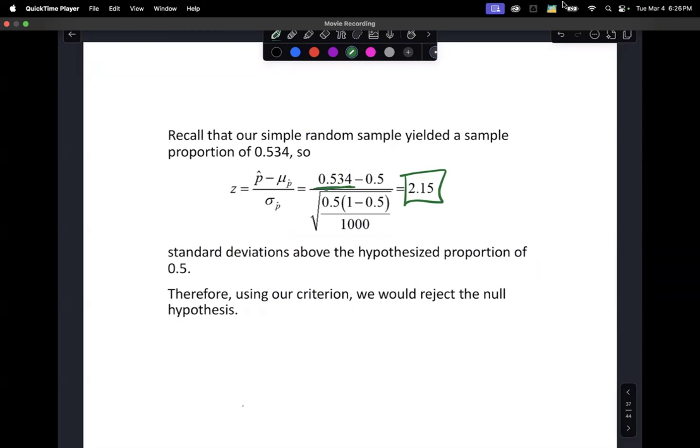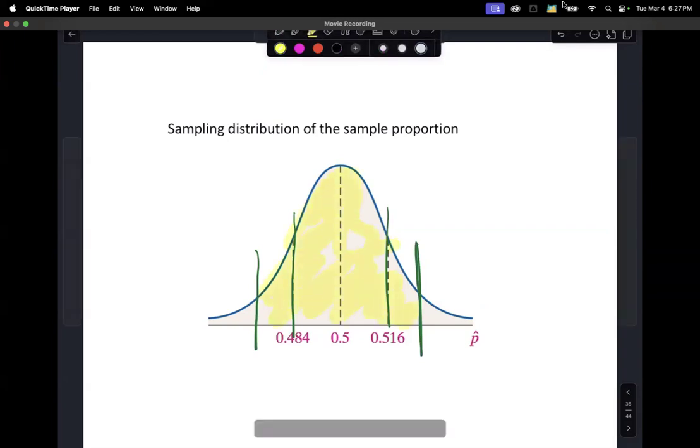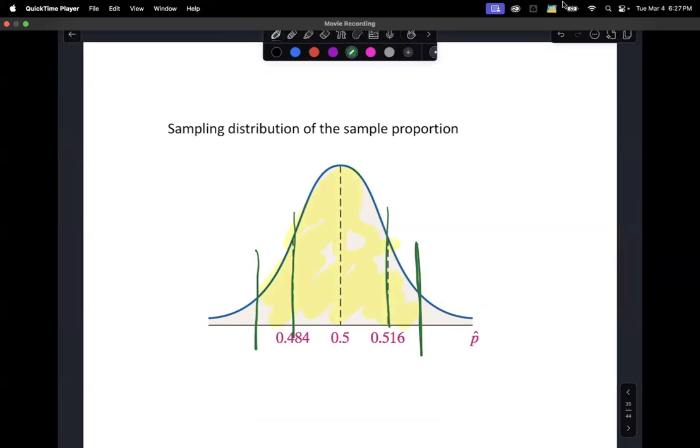So once again, let me go back here. So this was 1 standard deviation. So 2 standard deviations is here. So this is my confidence interval in here. 53.4% landed right out here. This was my 0.534. Because it landed out there, outside of that confidence interval, we can reject the null hypothesis.